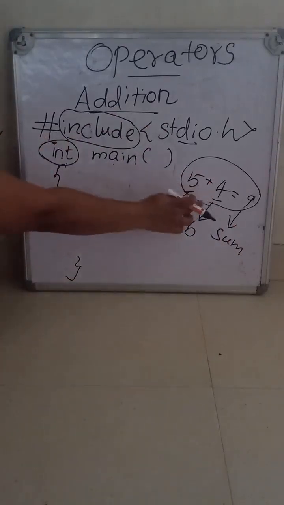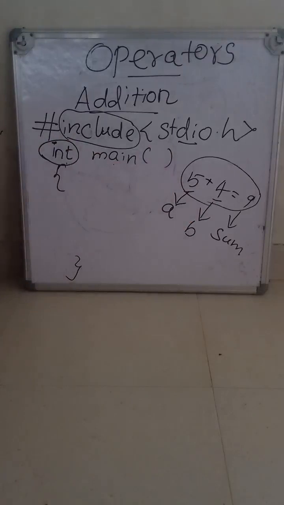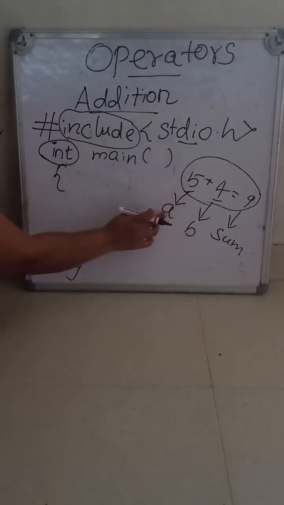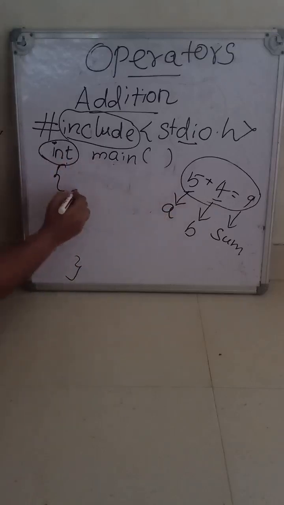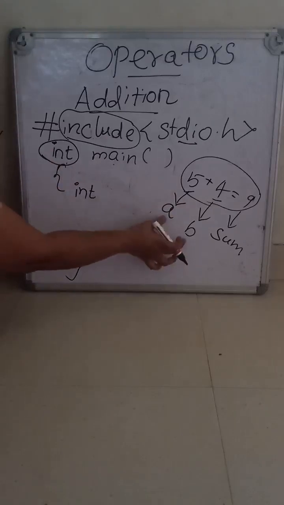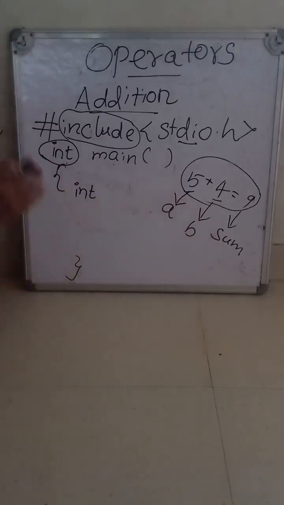For doing this operation we are now writing the program. First we have to declare the variables. Now I am declaring A, B and sum, three variables, of data type int.